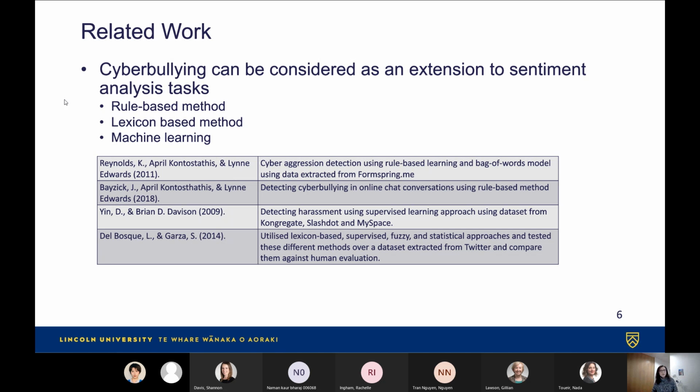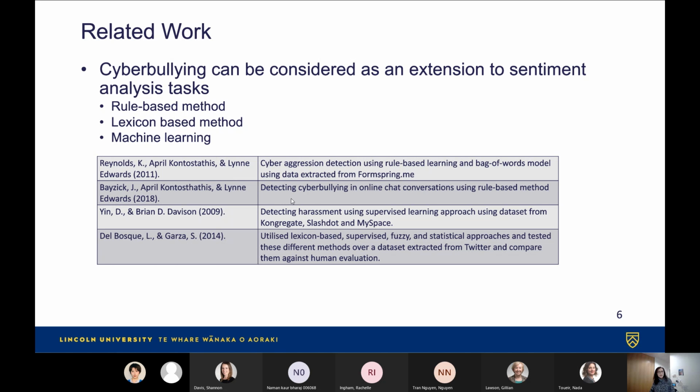So some of the notable research, okay, in 2011, Reynolds and colleagues did cyber aggression detection using a rule-based method, and you know what rule-based is, and a bag of words model. That means just separating all the words in the sentences into words, using data from formspring.me, which is also a social media site from the olden days, but you probably don't find it anymore. It's not as popular as Twitter or Facebook.